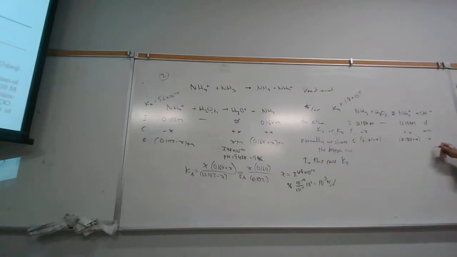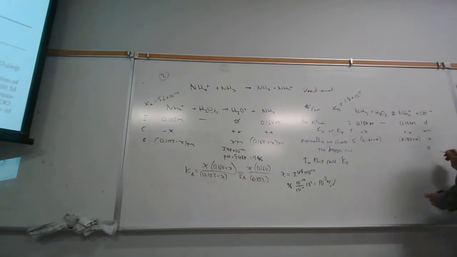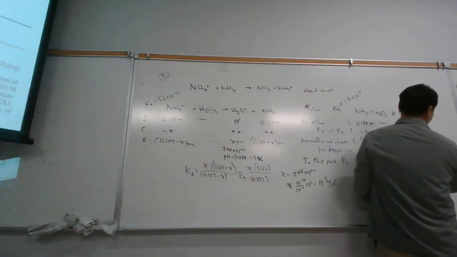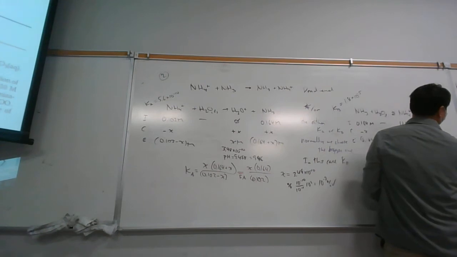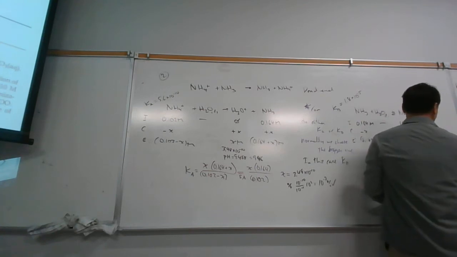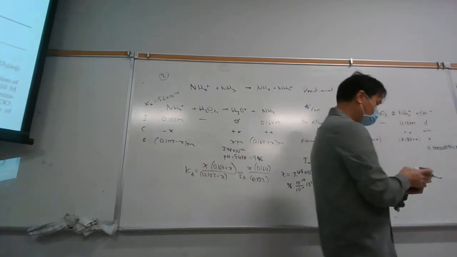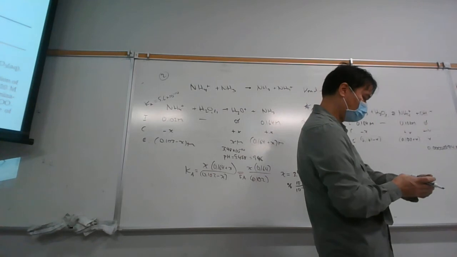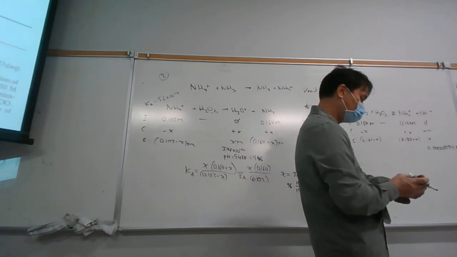And so what does that give me? Well, that gives me a hydroxide ion concentration of 0.0002894 molar. So let's go ahead and take the log of that. 0.0002894 log.